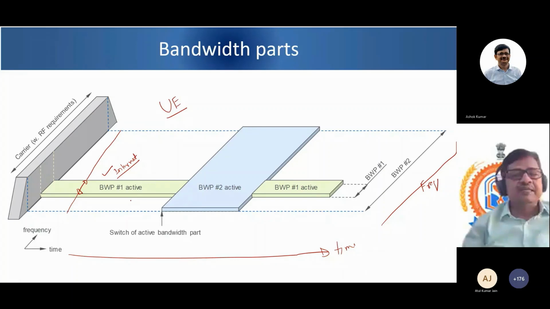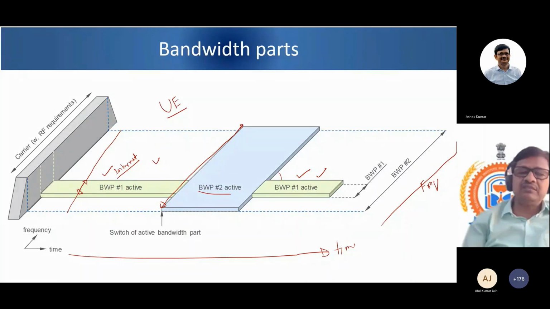Suddenly I started downloading certain video, maybe YouTube or Netflix. My bandwidth requirement has increased. So at this point of time, I'll be using bandwidth part 2, which has more bandwidth. So it is active. When I'm done with that and I'm again browsing, then again we switch to bandwidth part 1. So that means I'll conserve energy whenever I'm not actually using it. In case of LTE, it was always 20 megahertz channel bandwidth, whereas the electronics is always consuming full power. So that is the concept of bandwidth part.